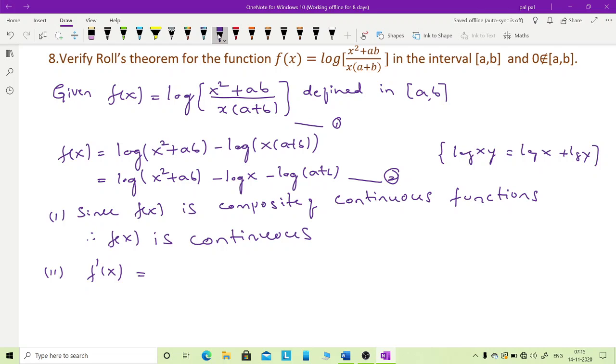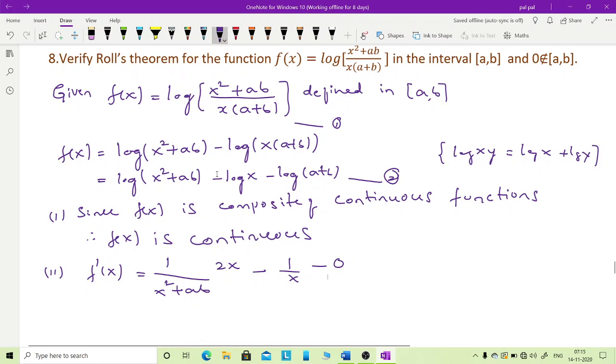The differentiation of log of (x square plus ab) is 1 divided by (x square plus ab), and again the differentiation of the inside function. The inside function is x square plus ab, and if you differentiate that, it gives 2x. Minus the differentiation of log x, which is 1 by x. Minus the differentiation of log of (a plus b), that is a constant function, so its differentiation is 0.